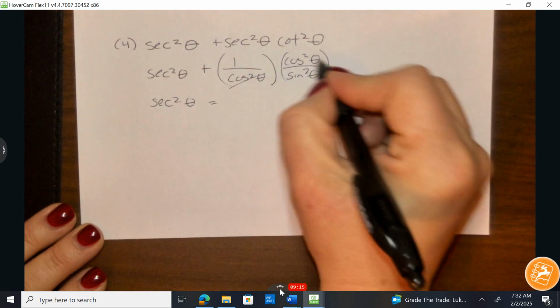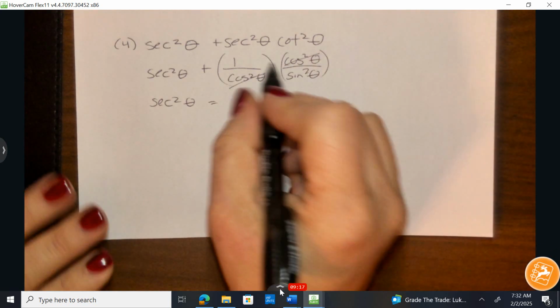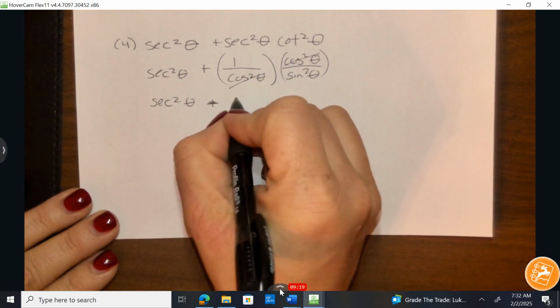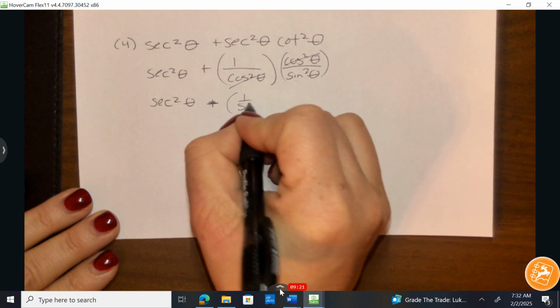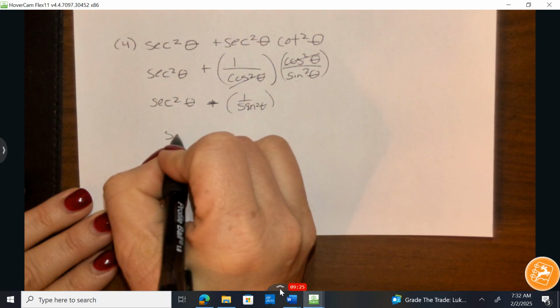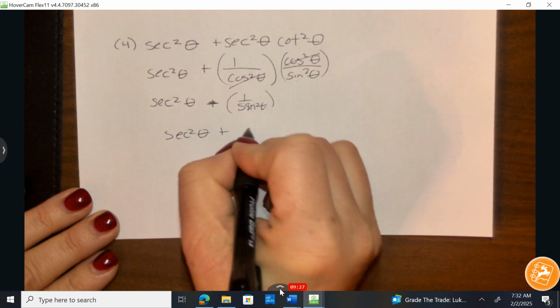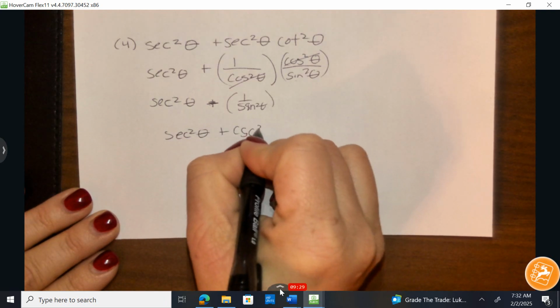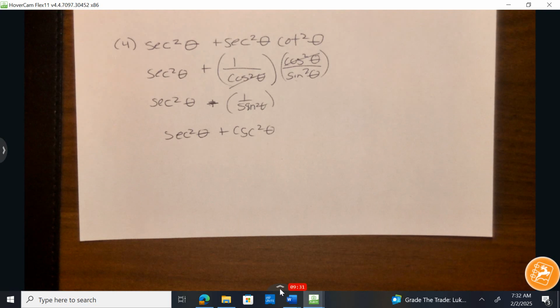I see the cosines on the top and bottom will simplify to 1, and I'm left with 1 over the sine squared. I recognize that 1 over sine squared is equivalent to cosecant squared. That's one way to simplify.